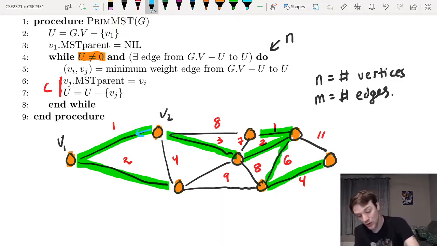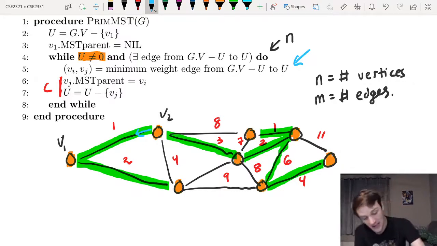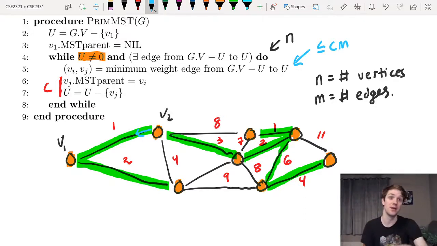The real trick here is going to be finding the minimum weight edge from one to the other. The problem is we're going to have to actually check almost all of the edges because we are going to run through every single vertex. So this actually is less than or equal to c times m, and it turns out that's a tight bound. We aren't going to bother proving that, but we could if we wanted.